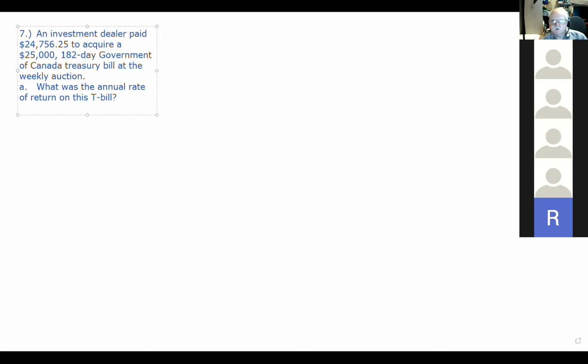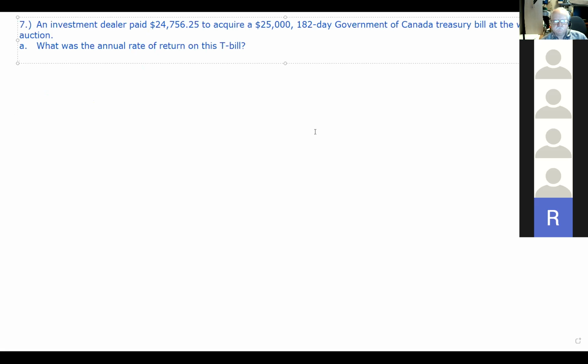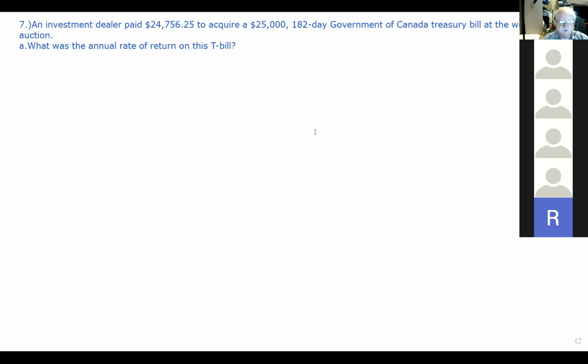So what have they told us here? An investment dealer paid $24,656.25 to acquire a $25,000 182-day Government of Canada Treasury bill at the weekly auction. What was the annual rate of return on this bill? So let's see what we know here.